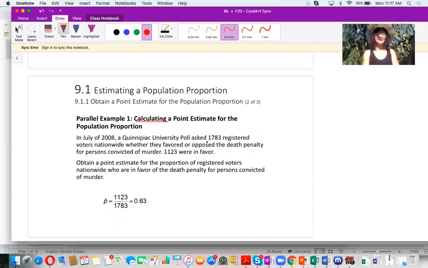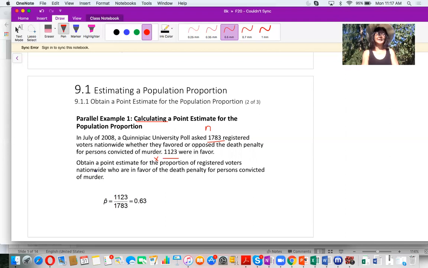So in this question, 1,783 is the sample size, and 1,123 is the number of people who are in favor of the death penalty.